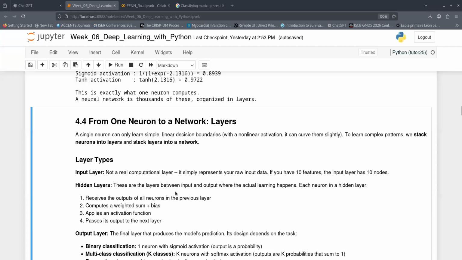And you have the hidden layers. These are the layers between input and output where the actual learning happens. So the learning is normally here. I come back to the example of my eyes. When my eyes are watching an image or an animal, to say this is a dog or this is a cat, it's not really the eyes that you see doing the operation.